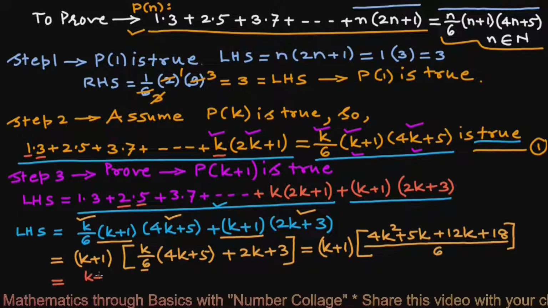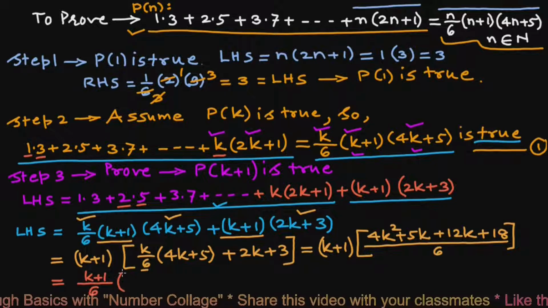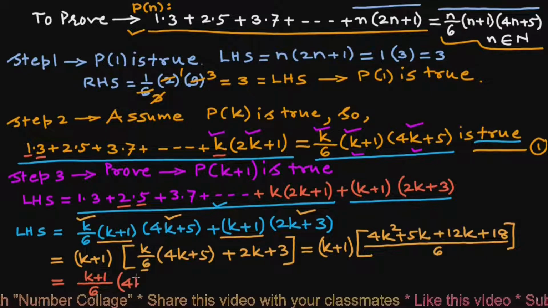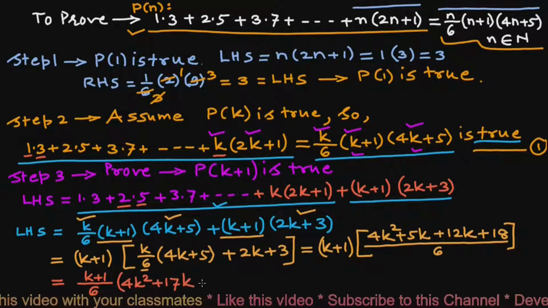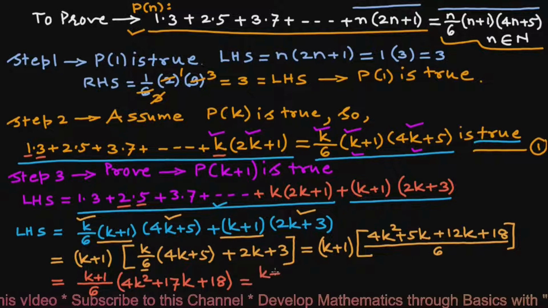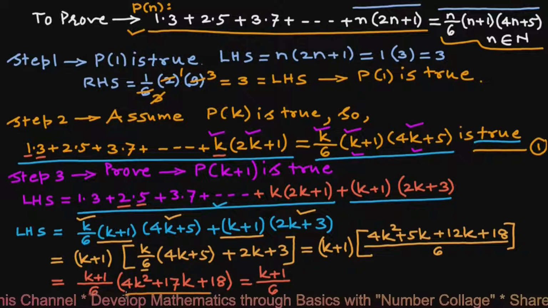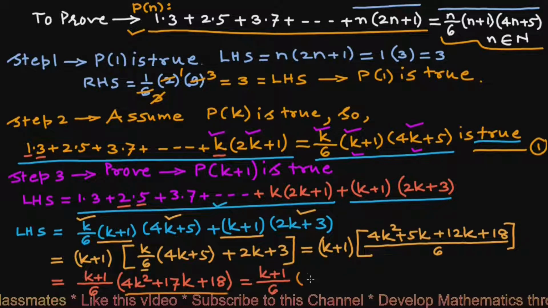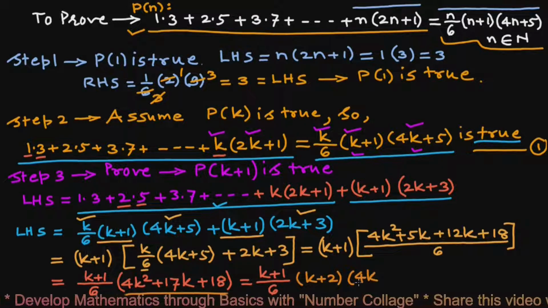It will be k plus 1 upon 6 multiplied by 4k square plus 17k plus 18, which will be k plus 1 upon 6. This part can be factorized as k plus 2 into 4k plus 9.